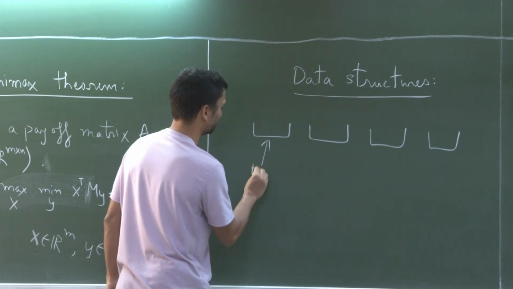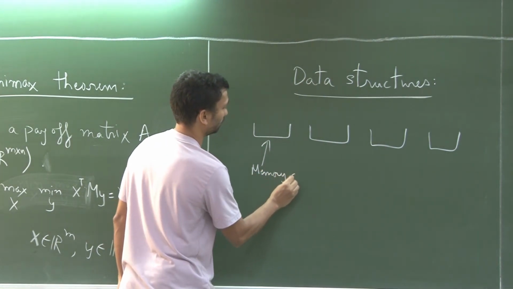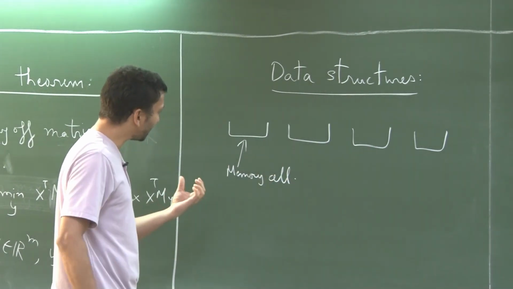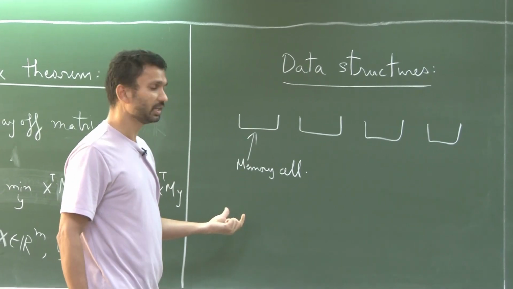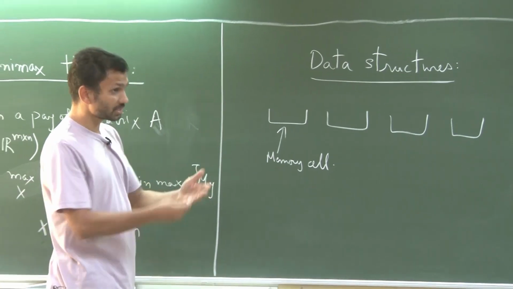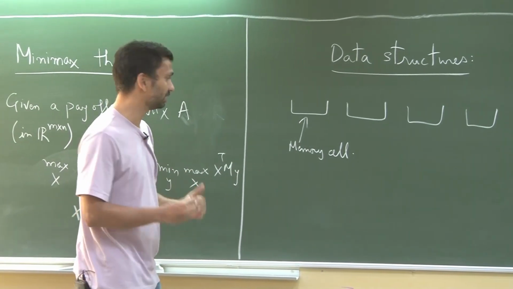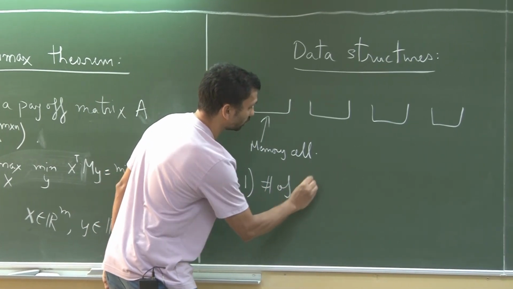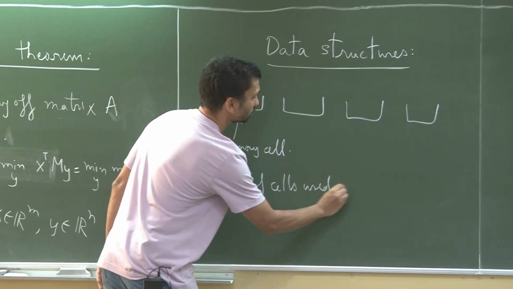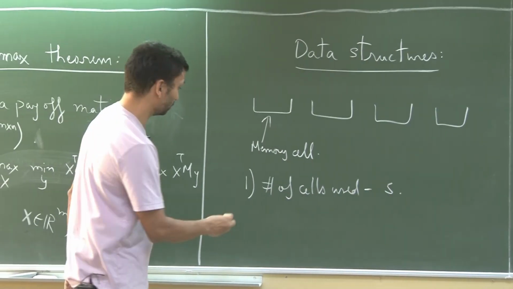This is one memory cell, and with every query I can fetch one of these cells. If this is the case, then the efficiency is decided by three things. One is the number of cells used, let's call it S.